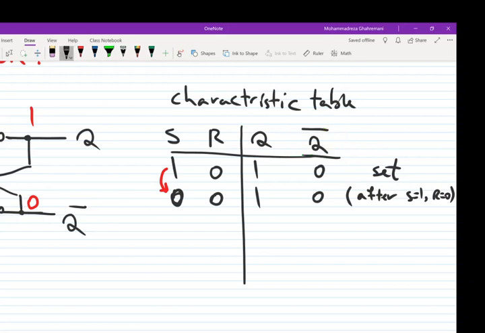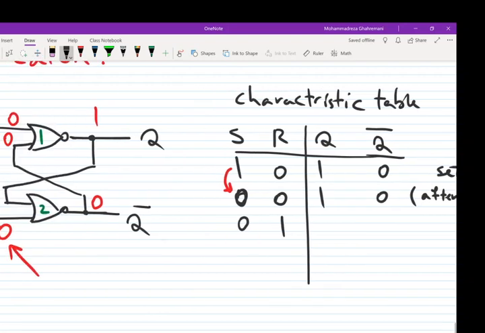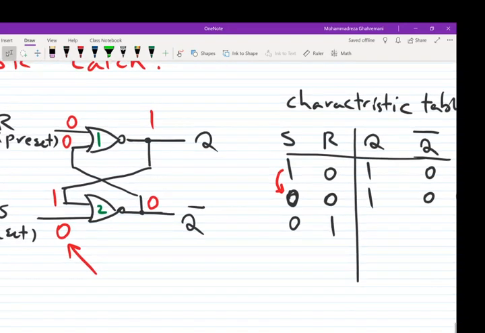Now let's continue. Let's change the inputs from 0, 0 to 0, 1. Let's see what's going on here. If R changes from 0 to 1, the first input of gate number 1 will be set to 1. The output of gate number 1 will be set to 0.